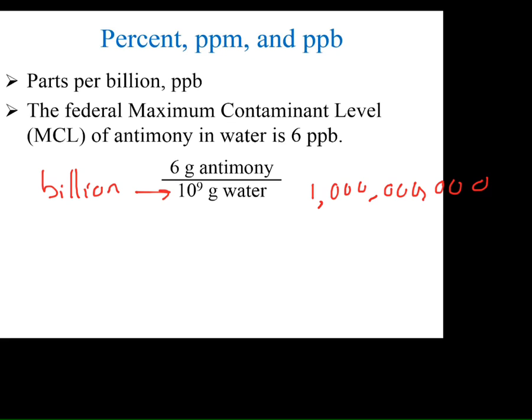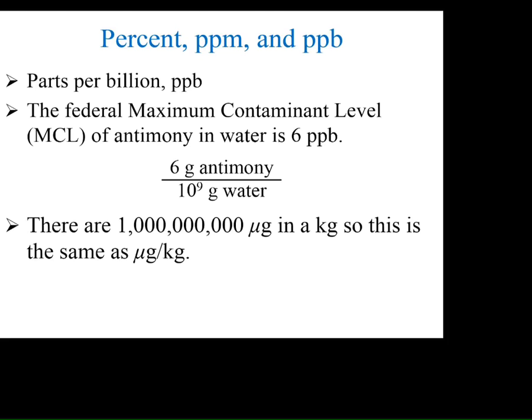Okay, so again, if that was 6%, you just said 6 over 100. But now it's 6 parts per billion, so it's 6 over a billion. Pretty much the same, right? Works the same way when you're converting stuff. Well, there was 1,000,000 milligrams in a kilogram, but there's 1,000,000,000 micrograms in a kilogram.